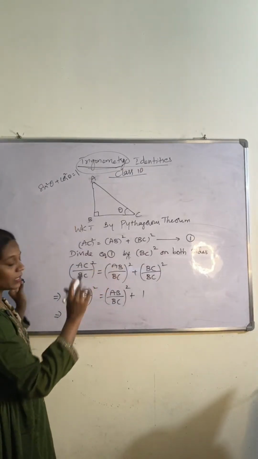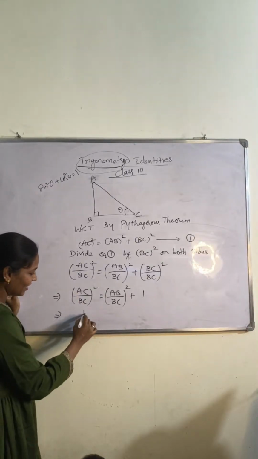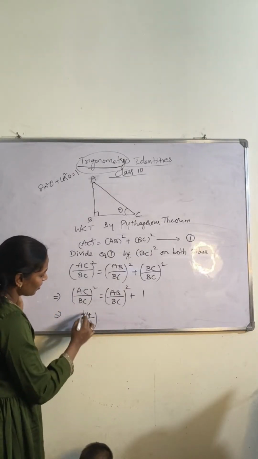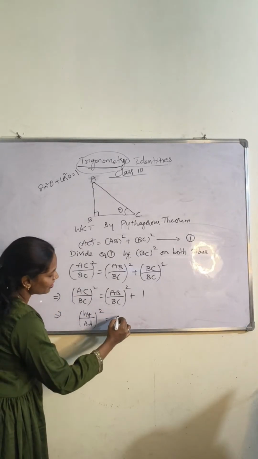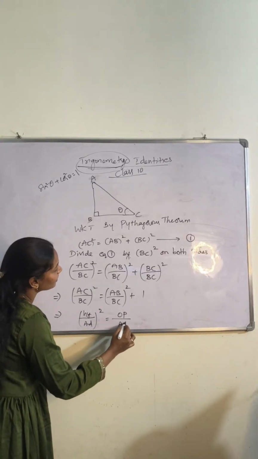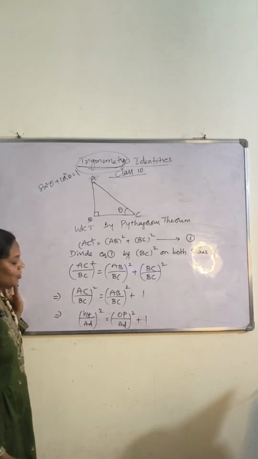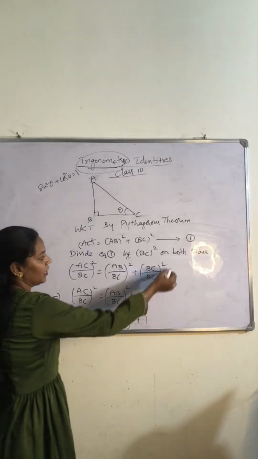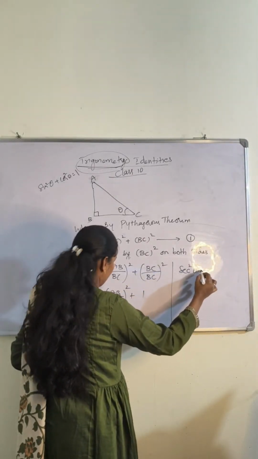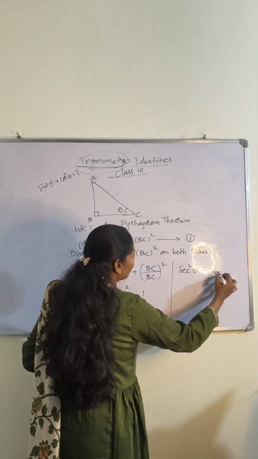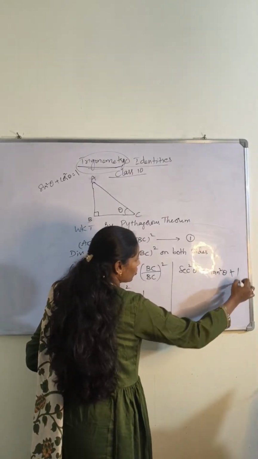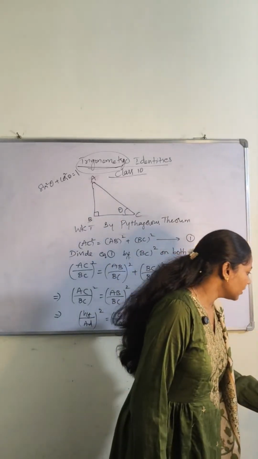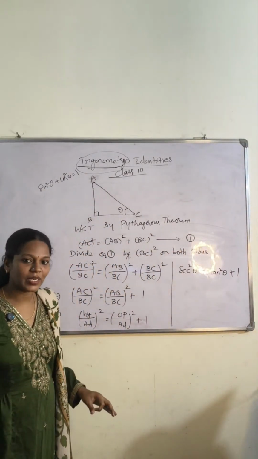So AC according to the data is, sorry for that, hypotenuse by BC is adjacent whole square is equals to AB is opposite by adjacent whole square plus 1. So what is this? What are these ratios? Hypotenuse by adjacent is secant square theta is equals to tan square theta plus 1. So obviously your last identity derivation is done. Secant square theta minus tan square theta is equals to 1.